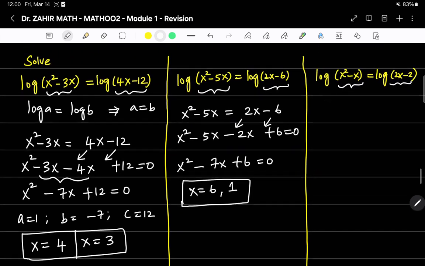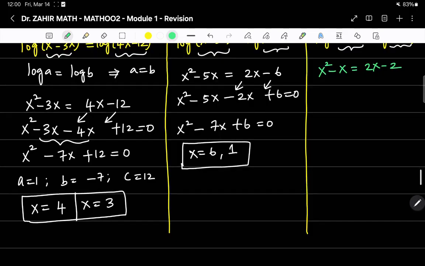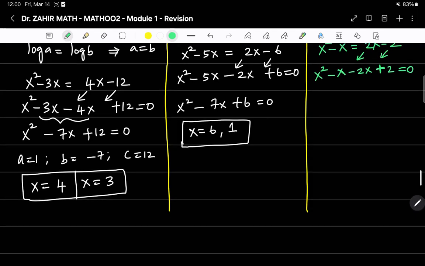Next we go to the next question. Here A equals B: x² − x = 2x − 2. So x² − x, this brings to this side, minus 2x, this brings to this side, plus 2 equal to 0.